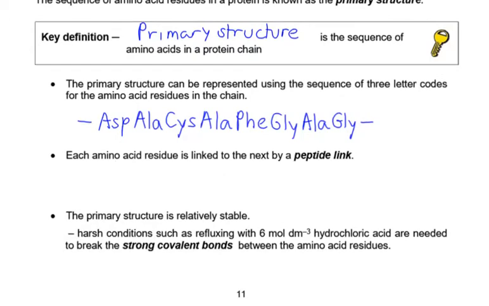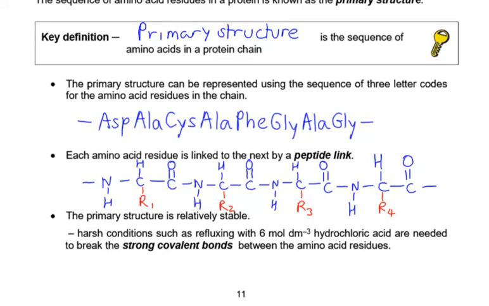Each amino acid is linked to the next by a peptide bond. The diagram shows 4 amino acids linked by peptide bonds. I've shown in red the side chains of the amino acids. Those are the parts of the structure that vary.